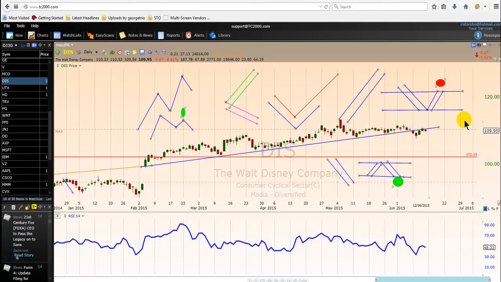The price must be at the end of a downtrend or at a valid support level. What are we looking for?